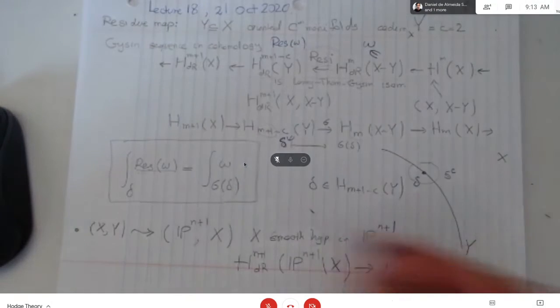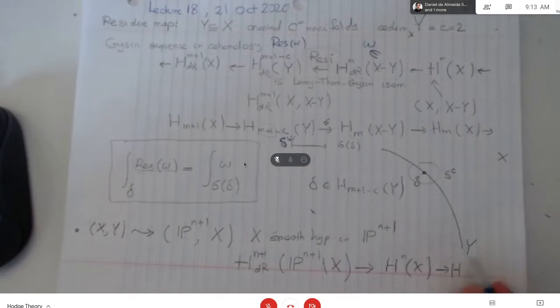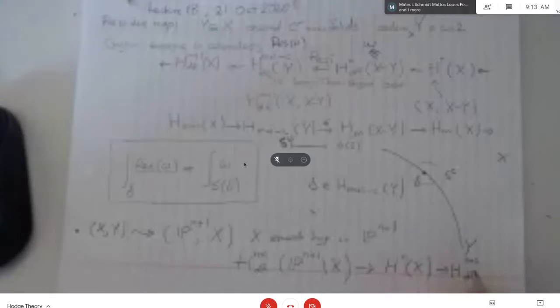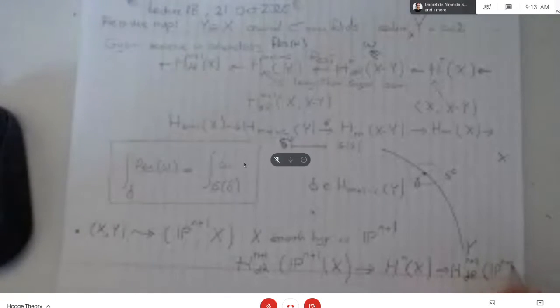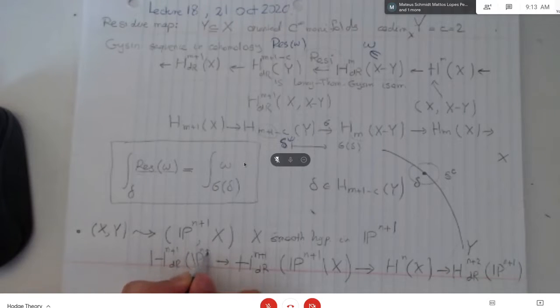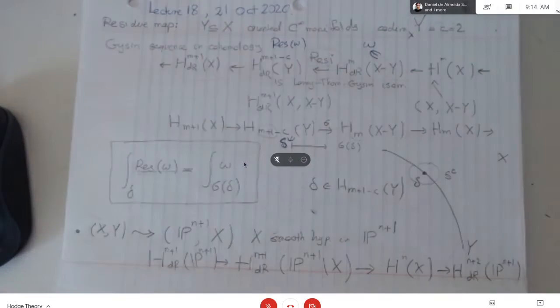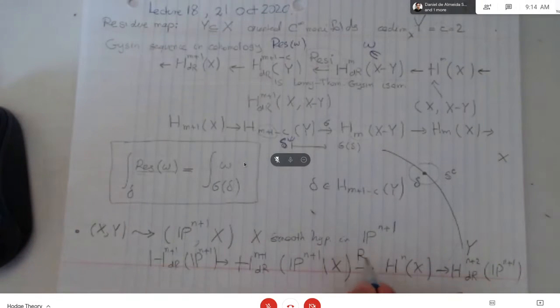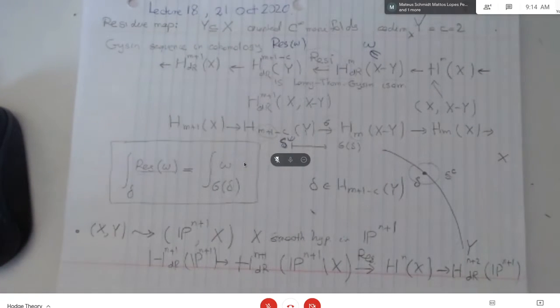So I have reversed the direction. H^{n+2} de Rham of P^{n+1}. And then here comes H^{n+1} de Rham of P^{n+1}. So this is the residue map that I needed to describe a little bit.